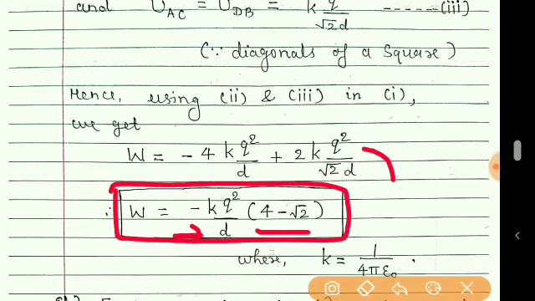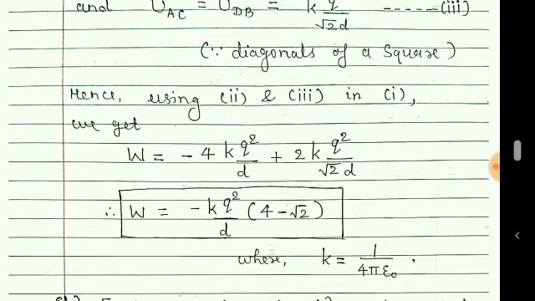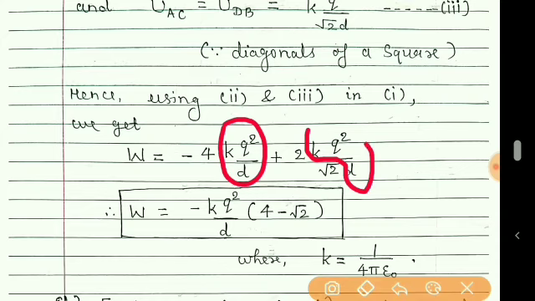How is it obtained? You have to simply take out the common factor from these two terms. What is common? K q square upon d is common here and here also, so that is taken out. Even the minus is taken out common. In the first term, only 4 remains, and in the second term, 2 upon root 2 into d.